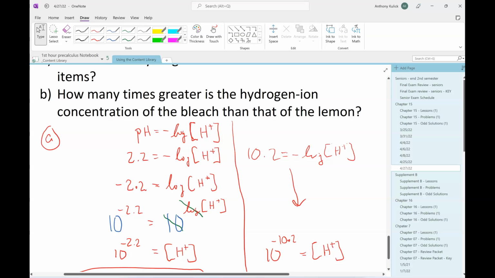And then part B says, how many times greater is the hydrogen ion concentration of the bleach than of the lemon?